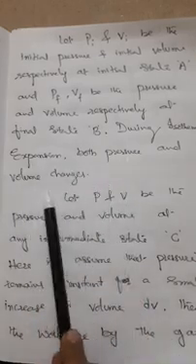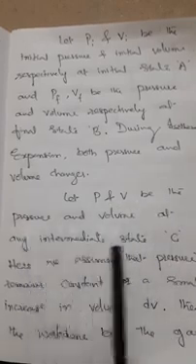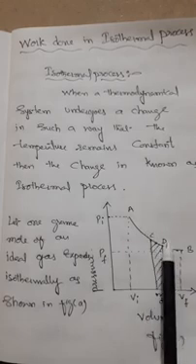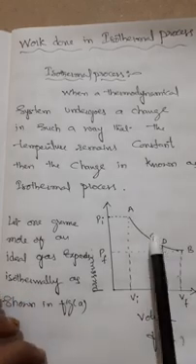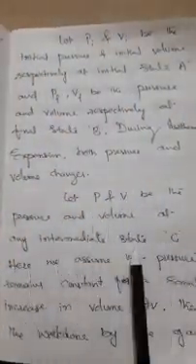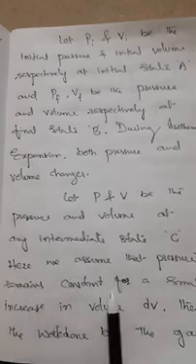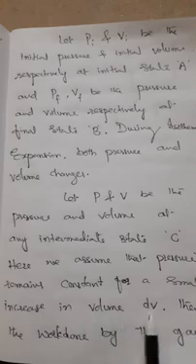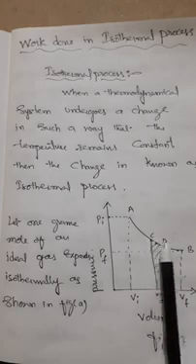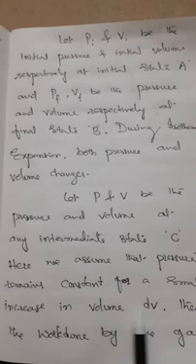Now, let P and V be the pressure and volume at any intermediate state, C to D. Here, we assume that pressure remains constant for a small increase in volume dV.